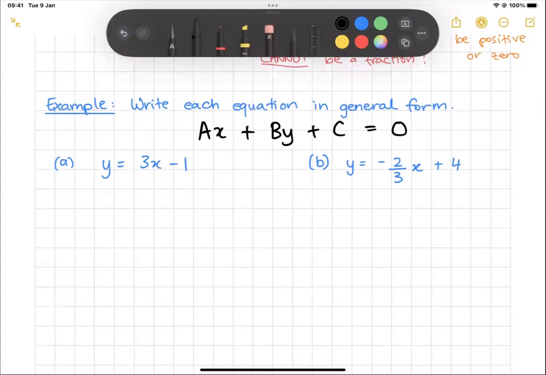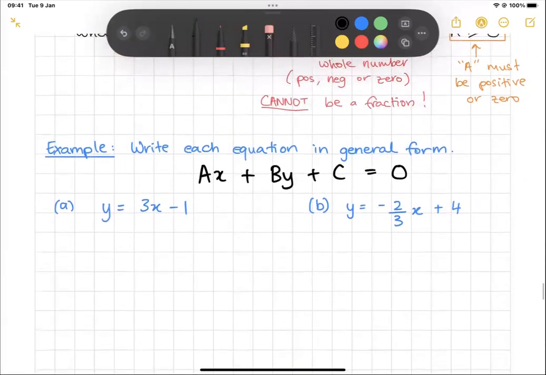So this is how we're going to solve it. We're going to do it in steps. If y equals 3x minus 1 is my equation, and I need to change it into my general form, I'm first going to see if I can meet the two conditions. I'm going to first look at this condition here, that A must be positive or 0.